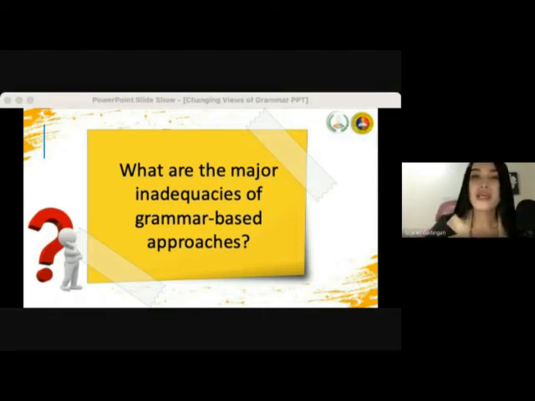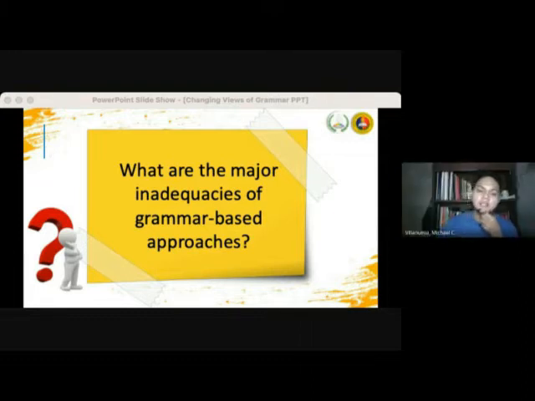Yes, Michael. I believe that the major inadequacy of these grammar-based approaches is the mechanical aspect of these approaches. Learners will be limited to make use of the language based on how they have learned the language and how they perceive its use and usage in a particular setting.